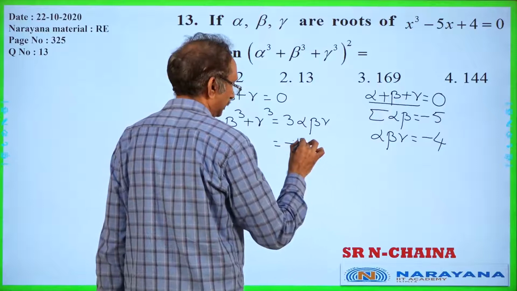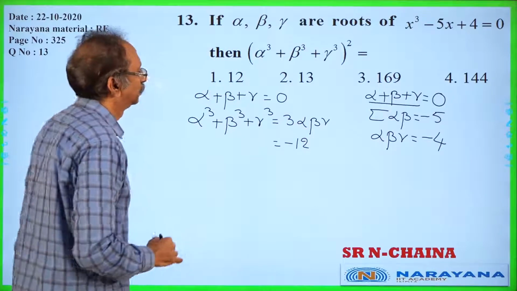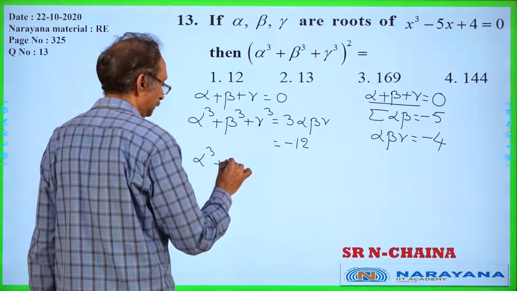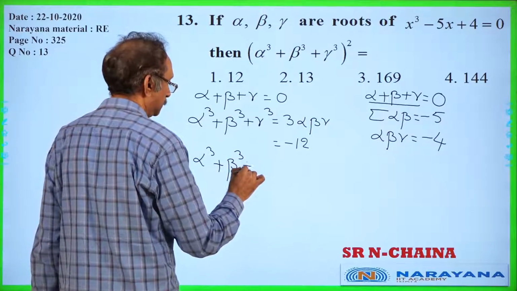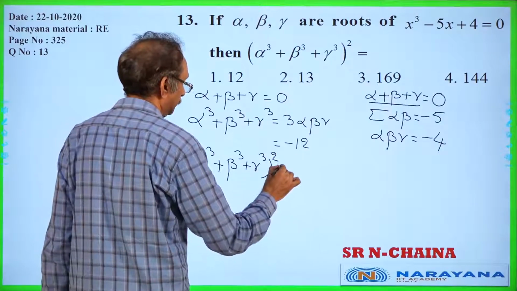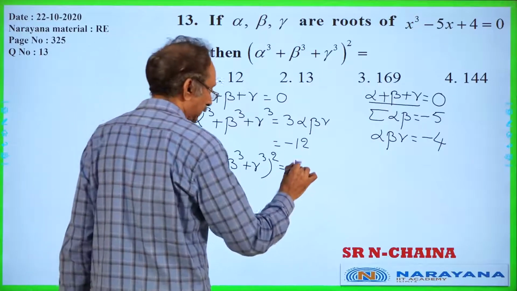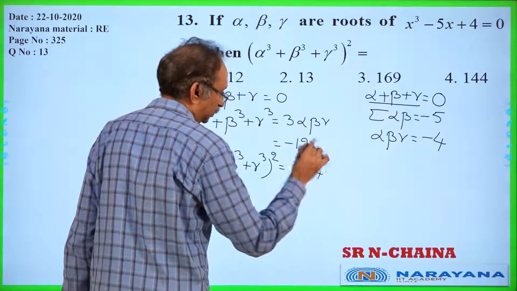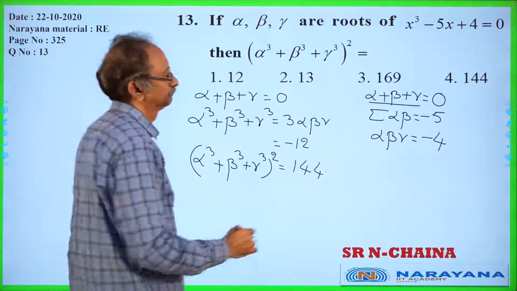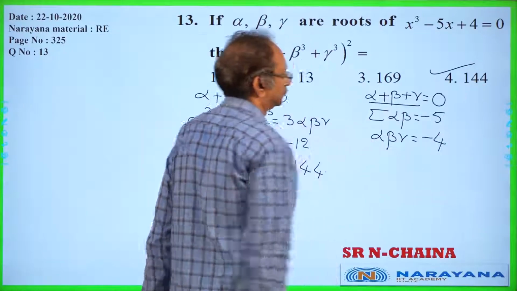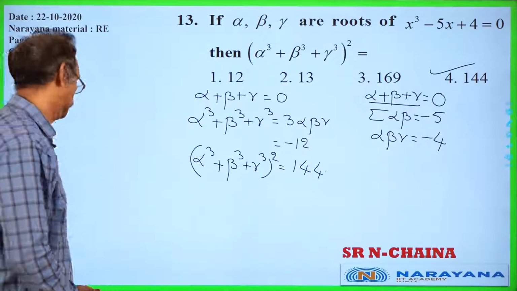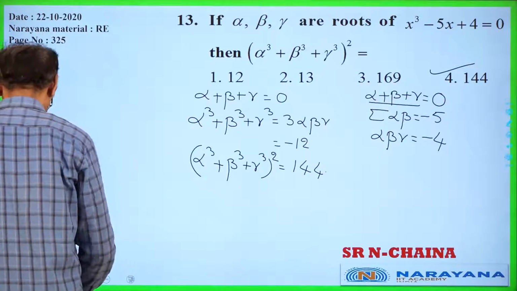So this is minus 12. And you need its square. So alpha cube plus beta cube plus gamma cube whole square is minus 12 whole square. That is 144. And see the options. So that is the answer. Okay, students, simple one. Right. We move to the next one.